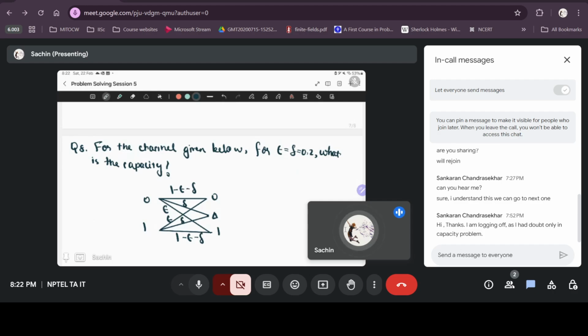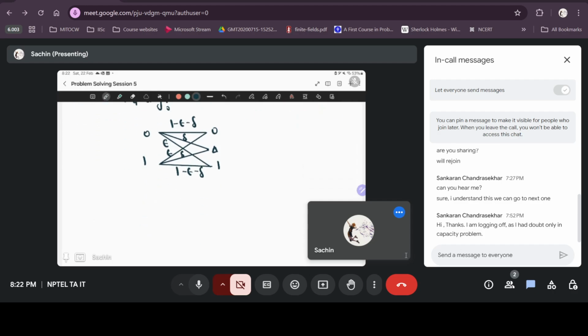You could split it into two strongly symmetric channels. One has the outputs 0, 1, the other has output delta. So you decompose the channel into two as follows.